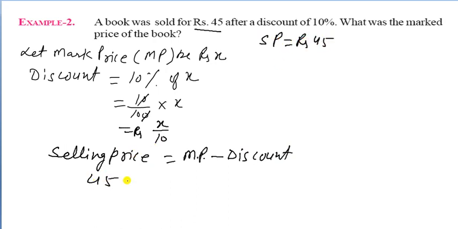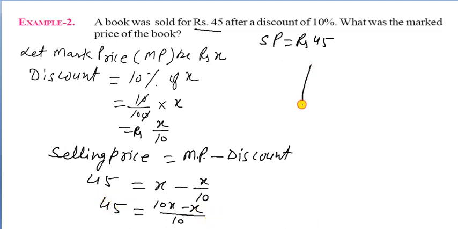So we write 45 equals mark price X minus discount X by 10. Taking the LCM, that is 10, we get 10X minus X over 10. So 45 is equal to 9X upon 10.